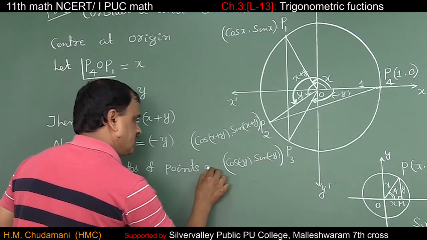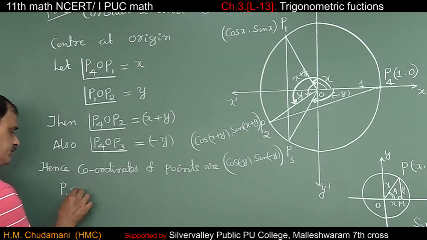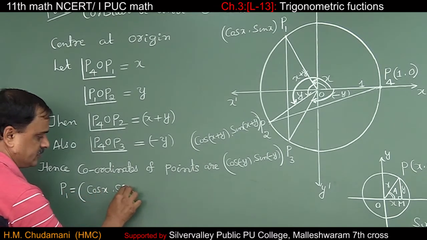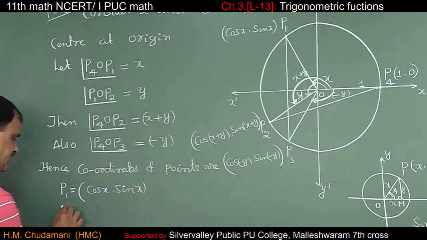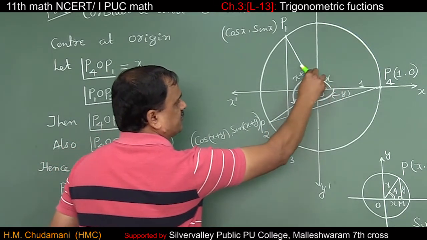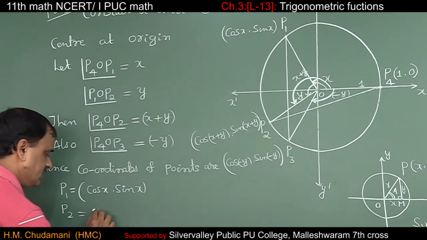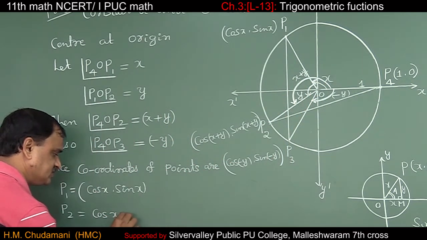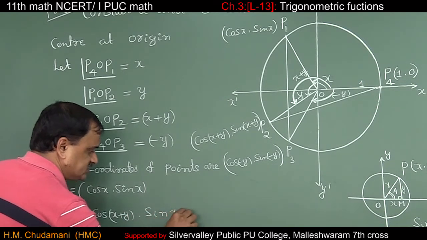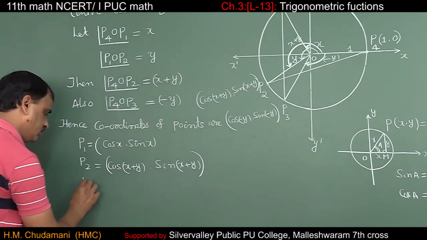The coordinates of the points are: P1 is equal to cos x comma sin x. P2, from here to here covers x plus y, that's why cos of x plus y comma sin of x plus y. This is the coordinates of the point P2.